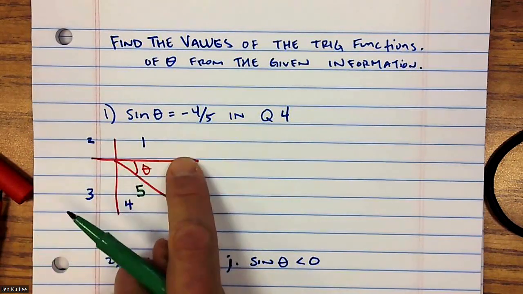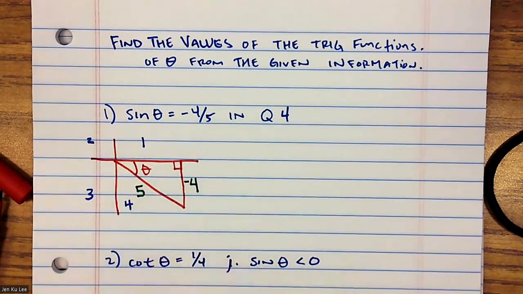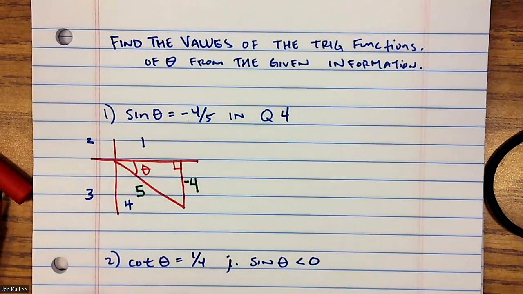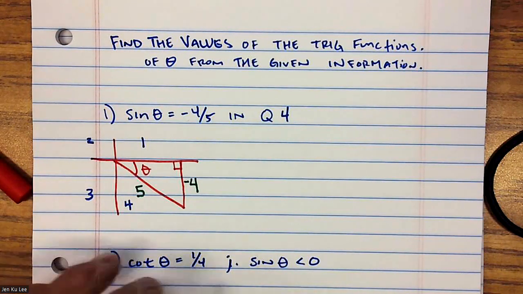So what is this side here? What can we do if you guys don't know that it's going to be a 3, 4, 5 triangle? What can we do to figure out that value?